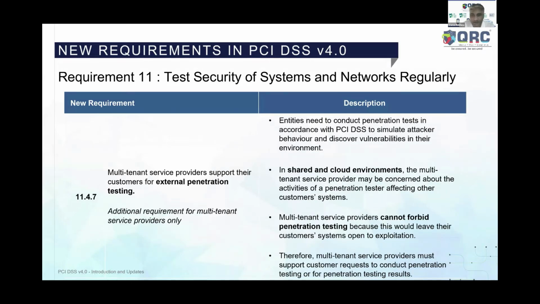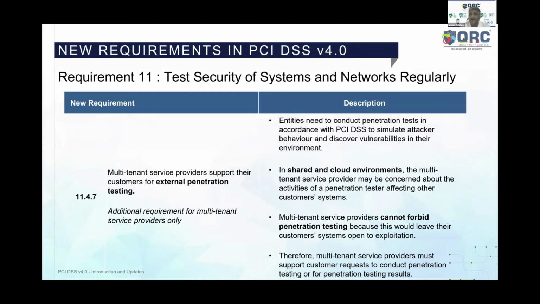And also one more very important key change is for multi-tenant service providers, like hosting service providers. Earlier there was a kind of excuse that penetration testing may impact the other customers they are serving. Now it's very clearly mentioned that multi-tenant service providers cannot forbid penetration testing, because this would leave their other customers open to exploitation.